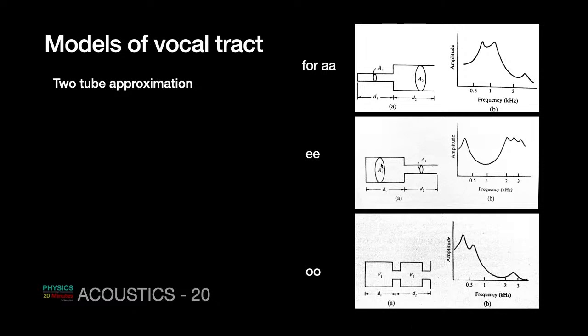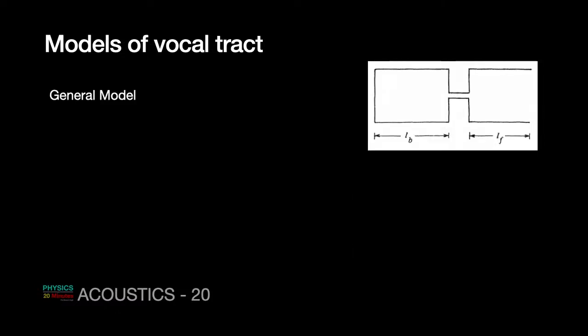Two-tube approximations have limitations. You cannot go much beyond in two-tube approximations. For example, if you want the sound of Z, then it becomes challenging. People have some more models. There is a general model with two tubes again, but with a restriction, and this restriction length varies sometimes.